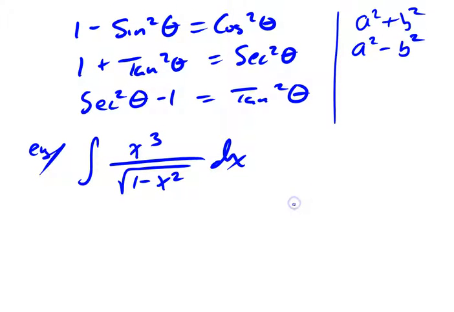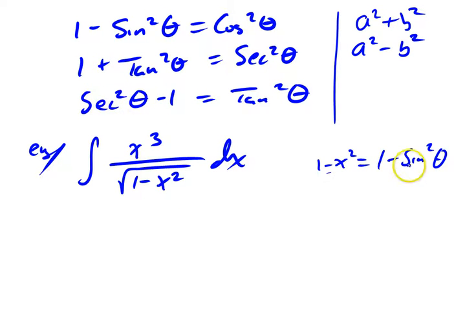easier is to say, well, now that I have this option, or I'm teaching you this option, I've got this 1 minus x squared. And I look up here at these three things, and I think that 1 minus x squared looks most like this 1 minus sine squared theta. I'm not choosing this one or that one because this has got a plus in between, and this one has the 1 second and the trig function first.